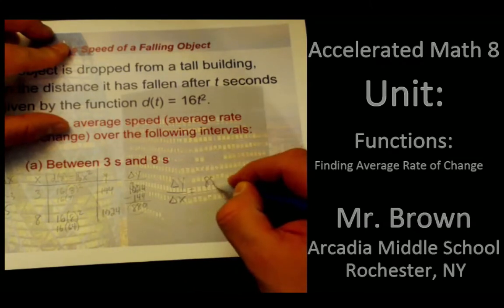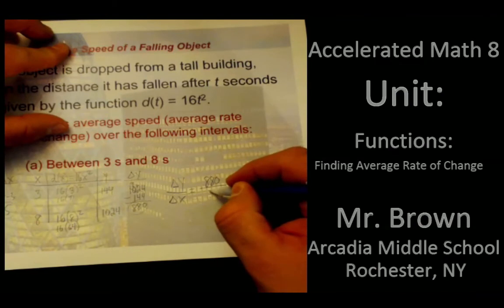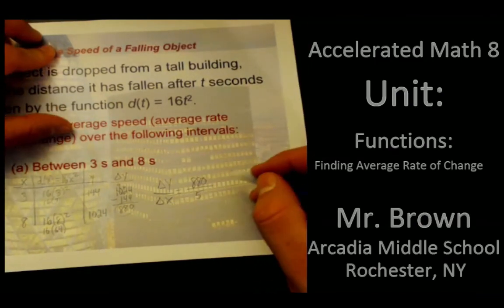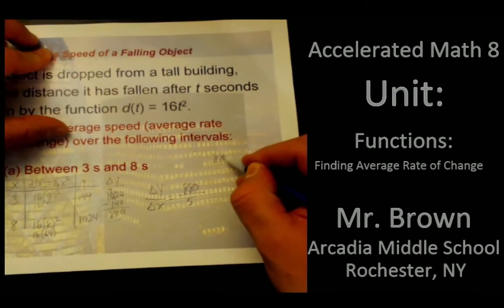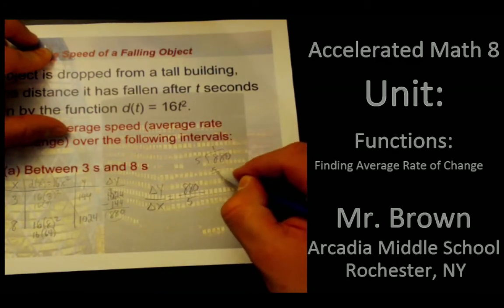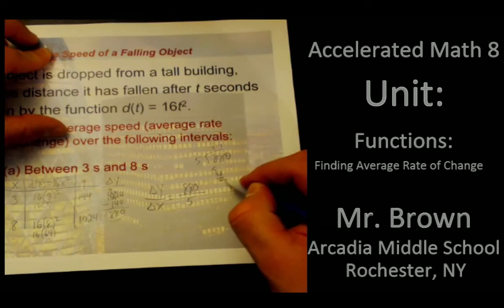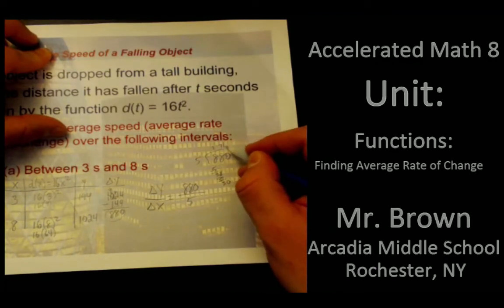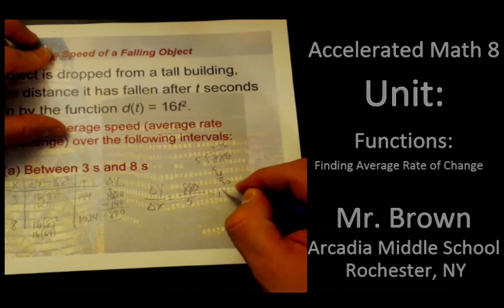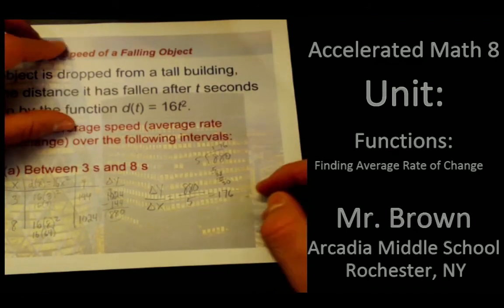So my rate of change for y over x is 880 over 5. And if you figure that out, 880 divided by 5 is actually going to be 176.